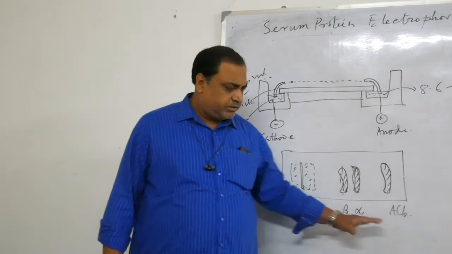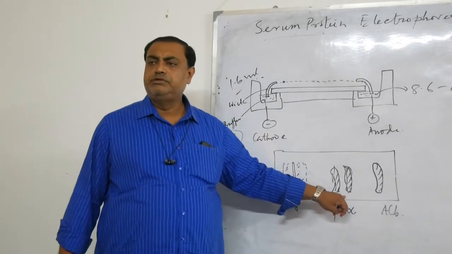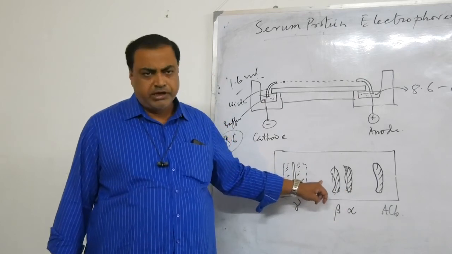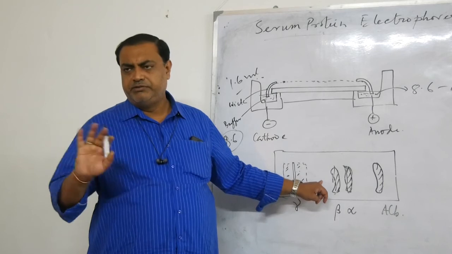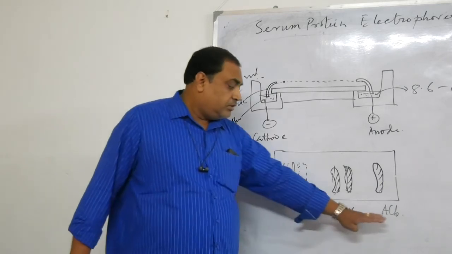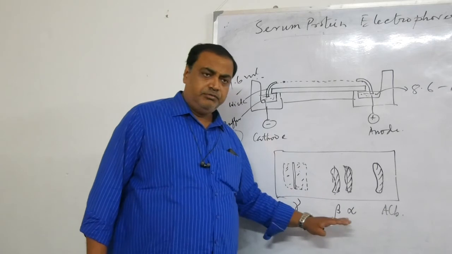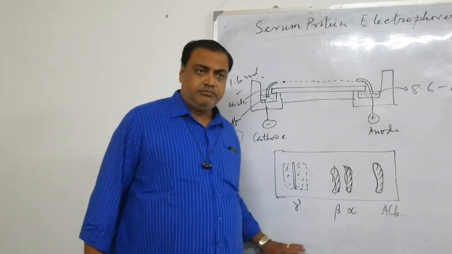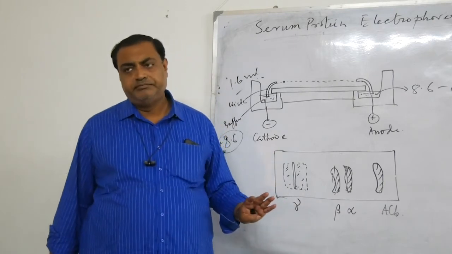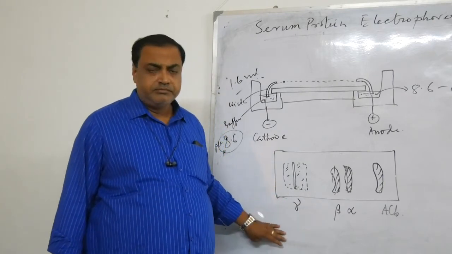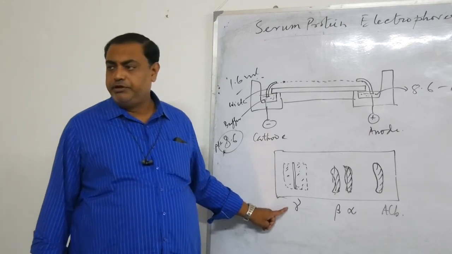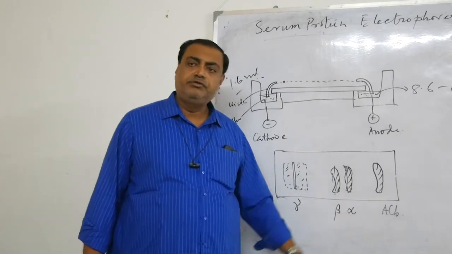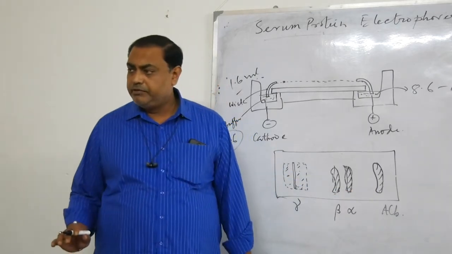Out of these four proteins, alpha can also be subdivided into alpha 1 and alpha 2. Beta can also be subdivided into beta 1 and beta 2. But that separation, that condition, we are not thinking about now. Albumin, alpha globulin, beta globulin, followed by gamma globulin. That's all. Now all these proteins are synthesized in the liver, except gamma globulin. Correct? So albumin can be lost through the kidney, through urine, in different diseases.